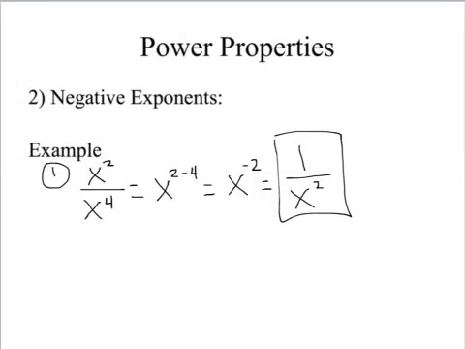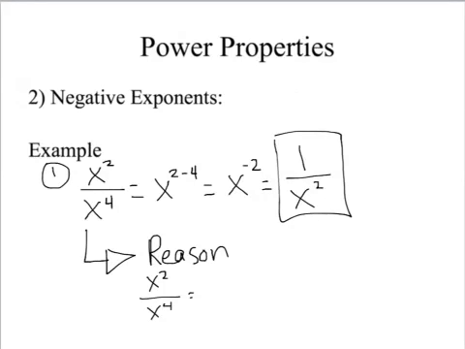The reason for that, and just to be clear, this is the reason: if I were to expand x squared out, x times x, and then x to the 4th.